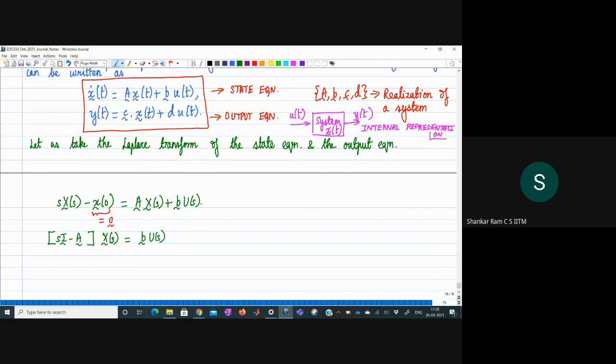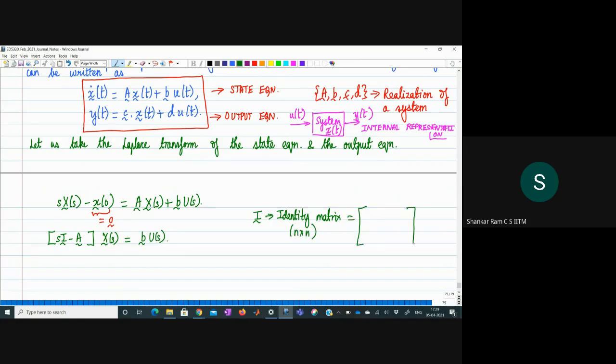It won't be s minus A; we have to write it as sI minus A. And what is this I? I is an identity matrix of dimension n by n, because A is an n by n matrix.